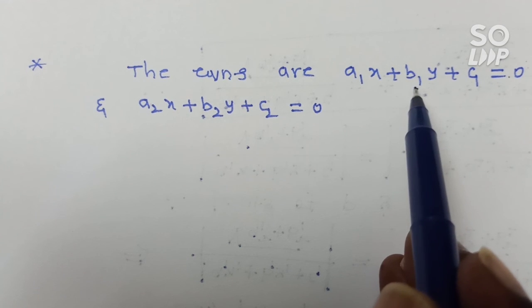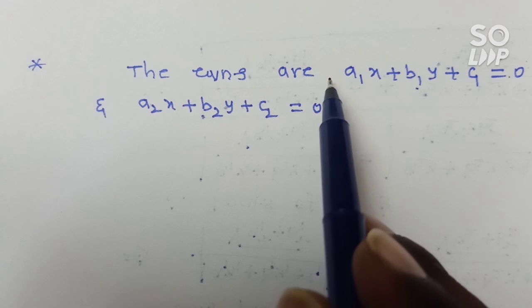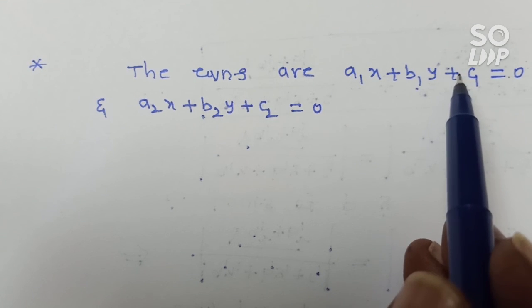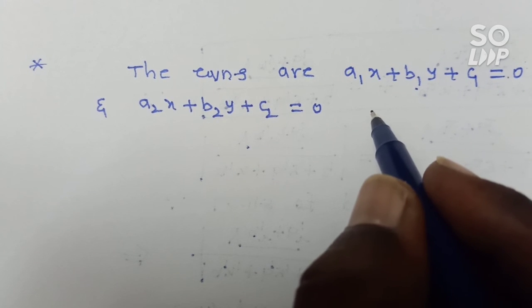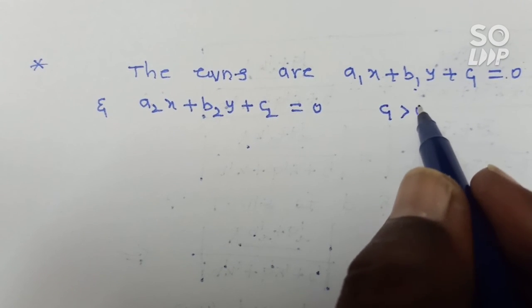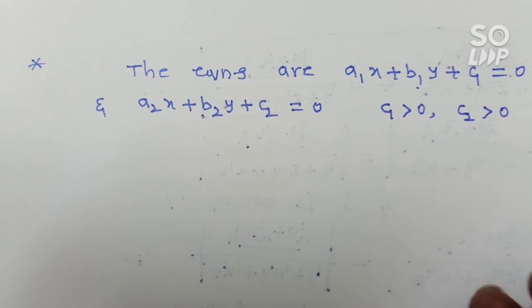Suppose any equation does not contain the positive sign, then we have to multiply by the negative, right? Here c1 is greater than 0, c2 is greater than 0. So first this condition must be verified, right?